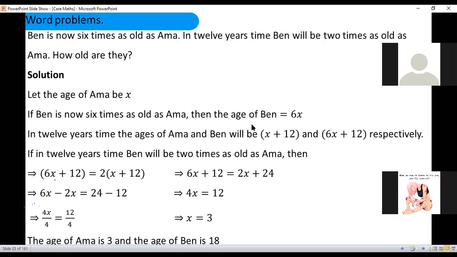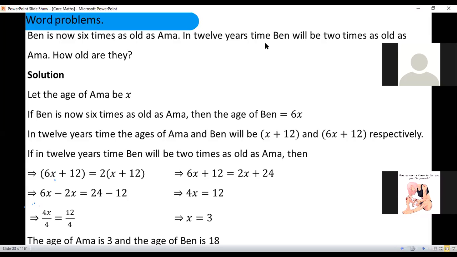We have another problem here. Ben is now 6 times as old as Amma. In 12 years' time, Ben will be 2 times as old as Amma.